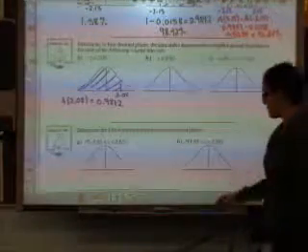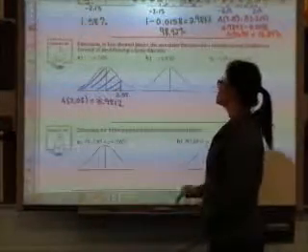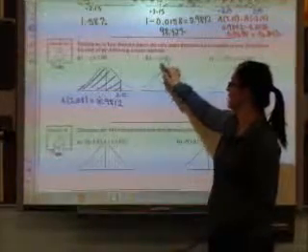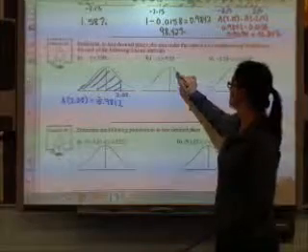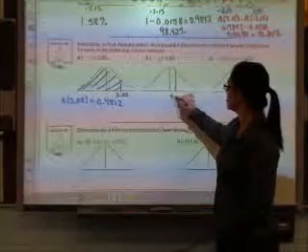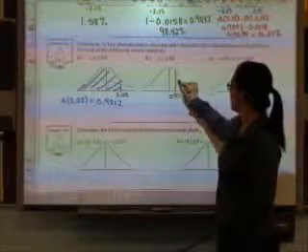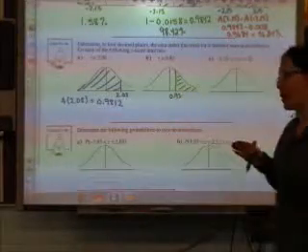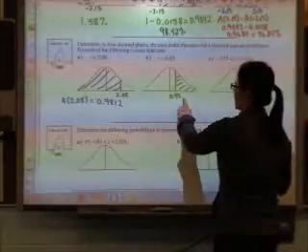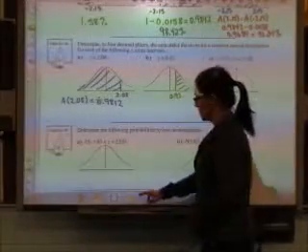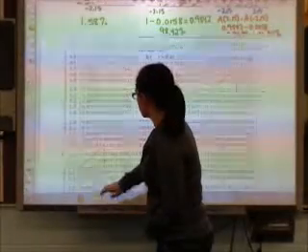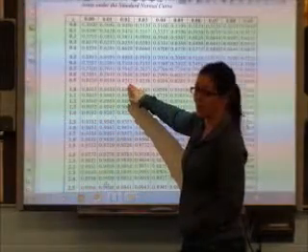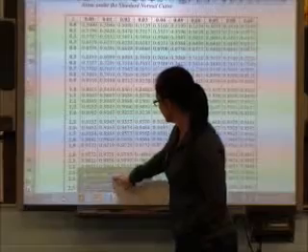If I look at B, it asks me for the z-score greater than 0.92. So 0.92 would be right about here, and I want the stuff that is greater. So remember, when I look up 0.92, what I get is 0.8212.